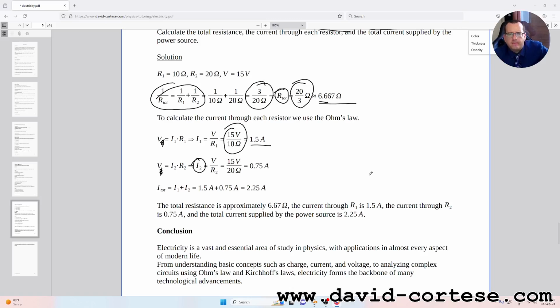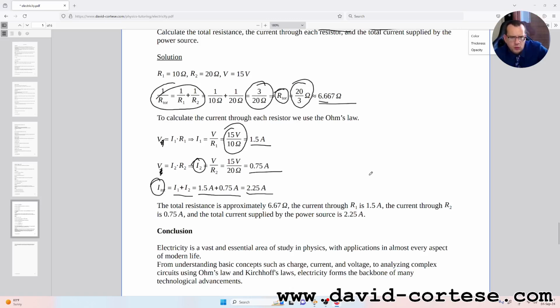So V over R2 is 15 volt over 20 ohm, that is 0.75 ampere.